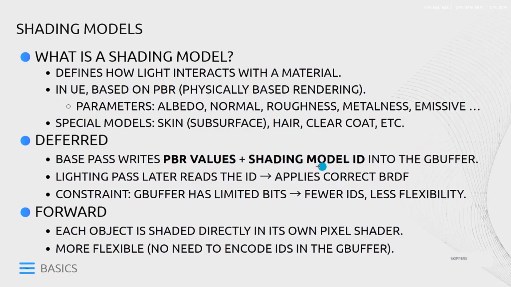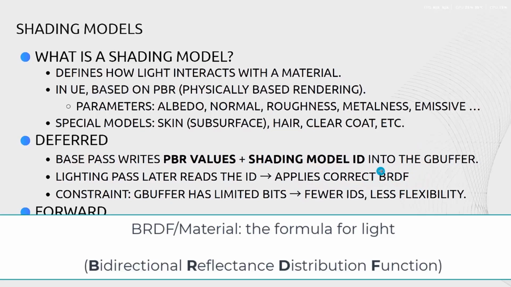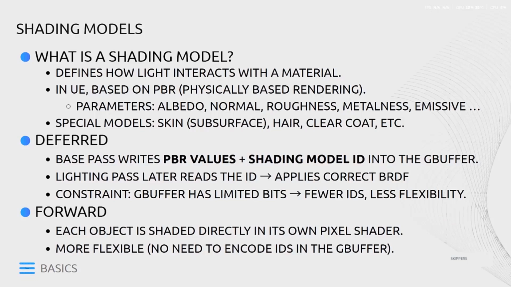So one more important term here is BRDF, bidirectional reflectance distribution function. This is the function inside the shading model that tells the lighting system how to calculate light for that surface. For example, for PBR, the BRDF says this is how you calculate light for a PBR material.